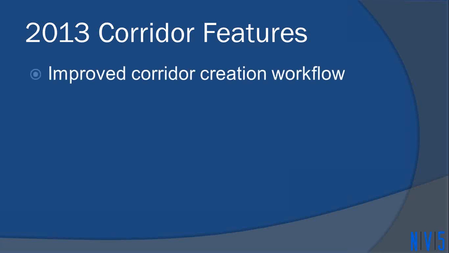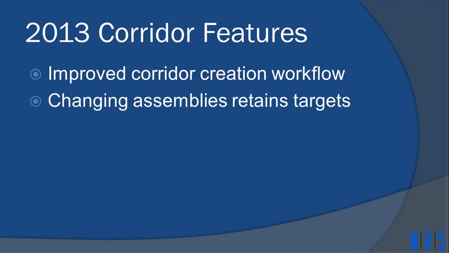There's an improved corridor creation workflow. Instead of having to do create simple corridor or create corridor and then pan and pick and do a bunch of stuff, they've combined them both into a single dialog that's much quicker and easier to use. The other thing is, if I change an assembly in 2011, I would have to remember to go back in and remap all of my targets.